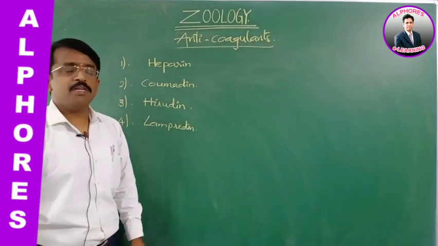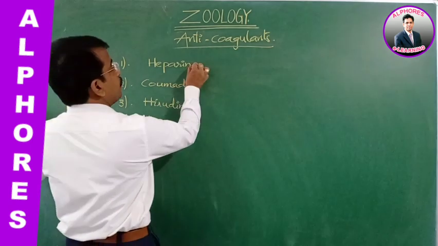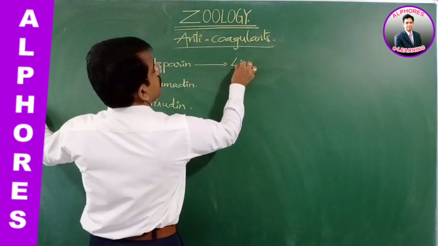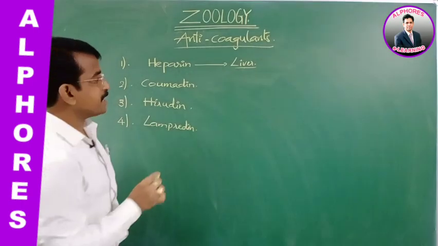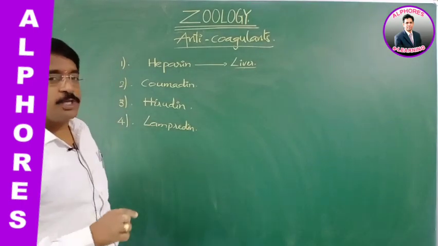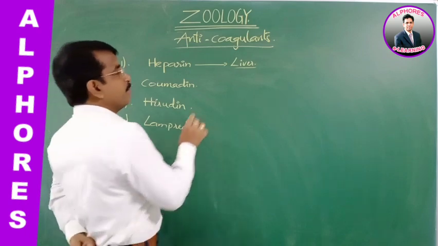heparin. Heparin is an anticoagulant. In fact, what we see is that it comes from connective tissue.